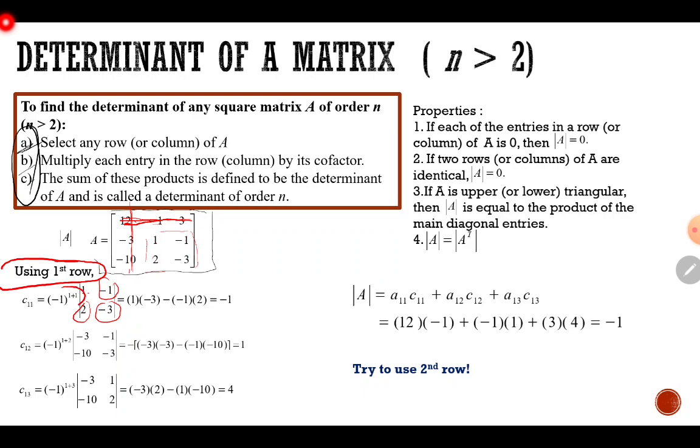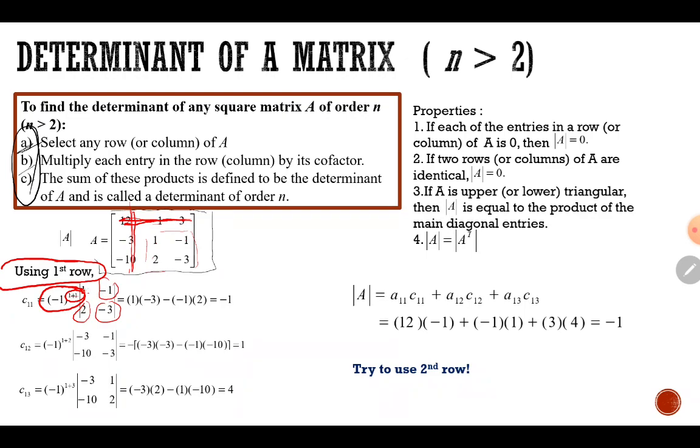Ni dari mana pula ni dapat -1 power of 1 plus 1 ni? Okay, -1 power of 1 plus 1 ni indicates that you potong apa tadi? You potong first row, first column. So kuasa 1 tambah 1. So -1 kuasa 2. -1 kuasa 2 maknanya sama dengan 1 lah kan?